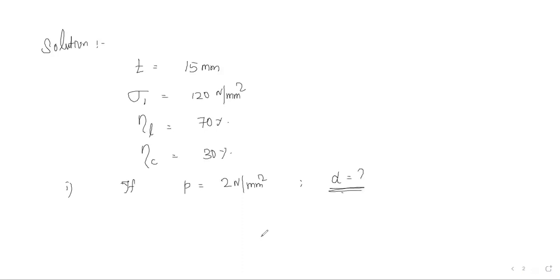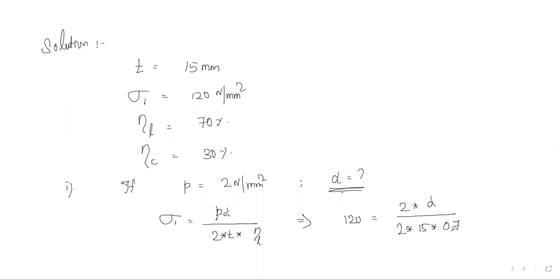So let us move on to the problem. The equation with respect to the efficiency of the joint is sigma 1 is equal to PD divided by 2 into T into eta L. In that, substitute all the things. So 120 is equal to 2 into D, we have to calculate, divided by 2 into thickness T is equal to 15 mm and eta is equal to 70 percentage, which is nothing but 0.7.